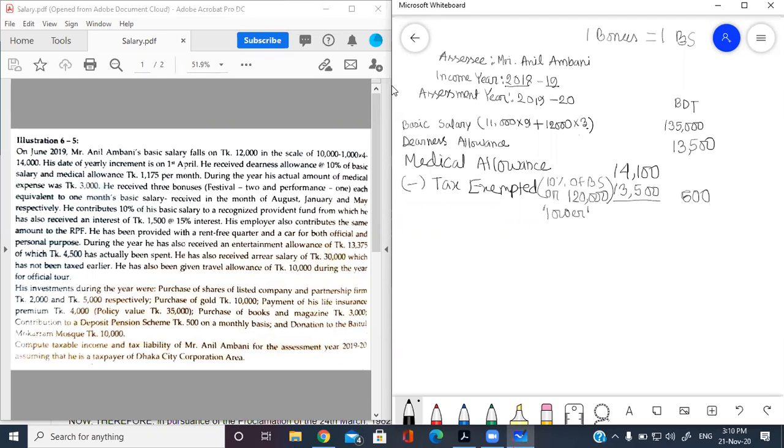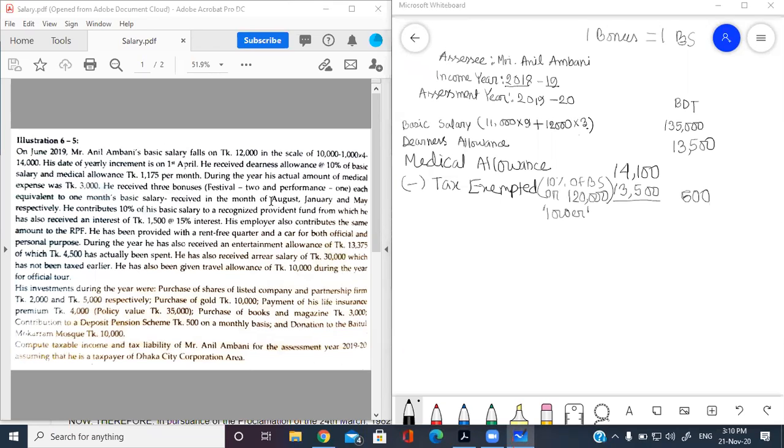As performance bonus is equivalent to basic, performance bonus will also change. It will not remain constant with the number which was our starting number for basic. Okay.